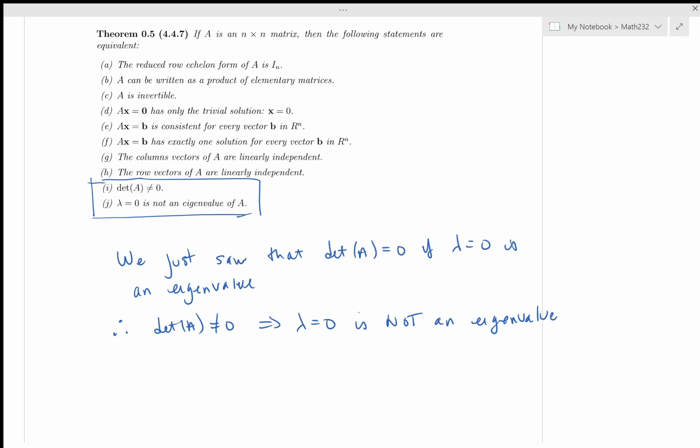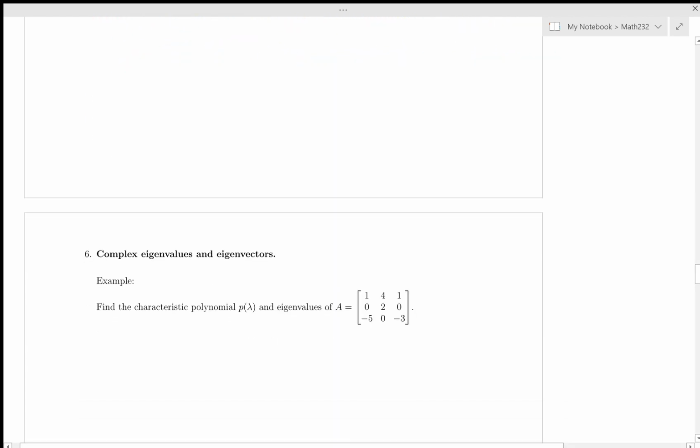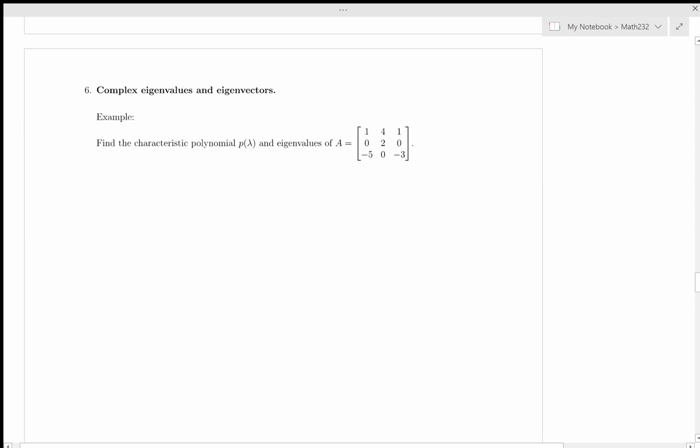Okay, next point. We can have complex eigenvalues and eigenvectors. So please make sure that you've watched the complex variables lecture, which was on Appendix B of the Busby textbook, because that goes over the necessary arithmetic that we need with the complex numbers to be able to handle the idea of a complex eigenvalue. Okay, so let us go ahead and find the characteristic polynomial of this matrix here.